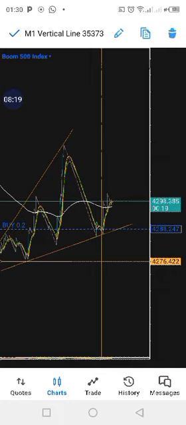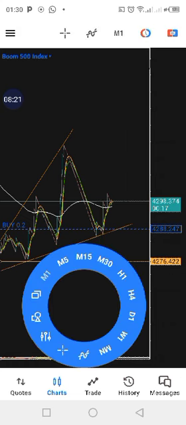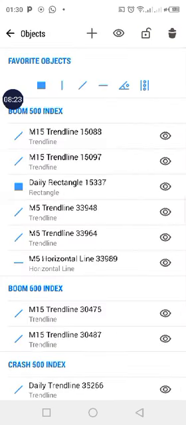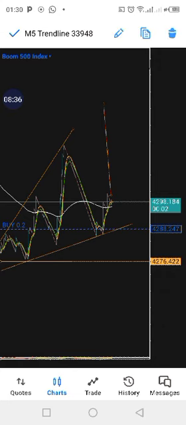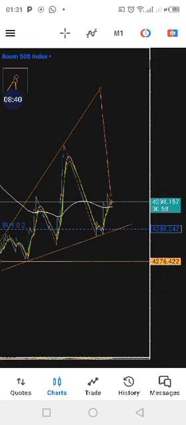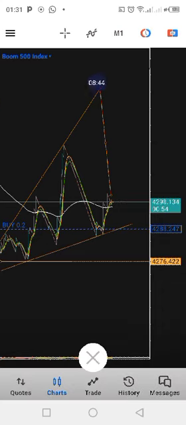No, let me use a better one that will really draw what I'm trying to do. So what I'm saying is this price is going to move from here until it comes to form another one at this point.